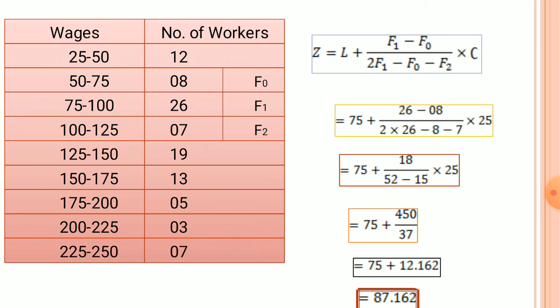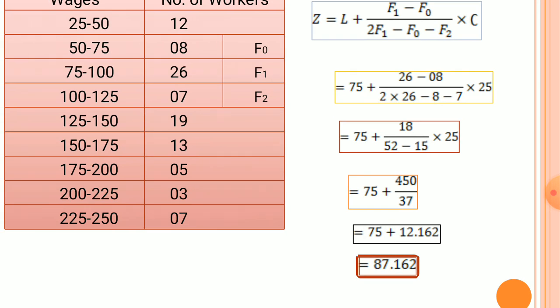C is the size or magnitude of the class interval. For 75 to 100, the magnitude of the class is 25. So the lower limit of the modal class is 75 plus (26 minus 8) divided by (2 into 26 minus 8 minus 7) into 25.